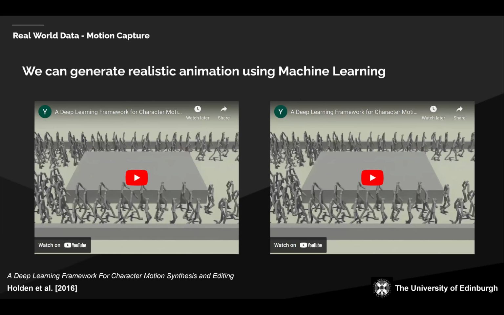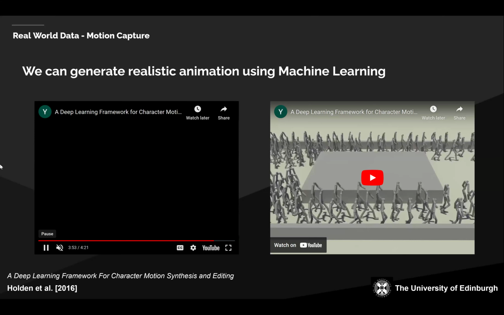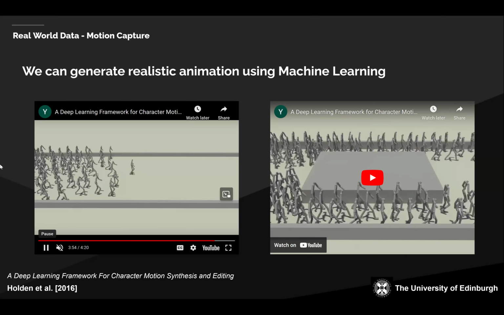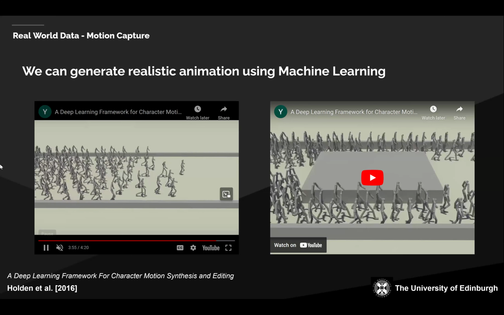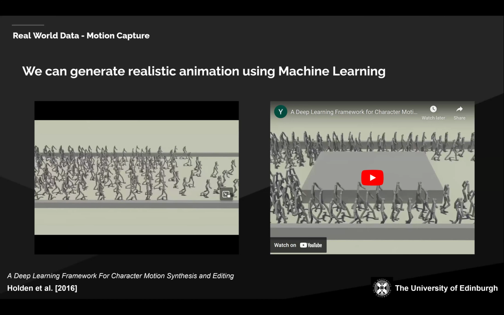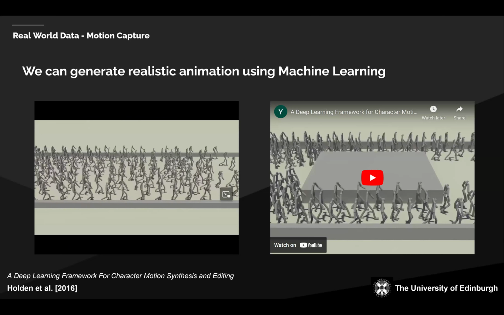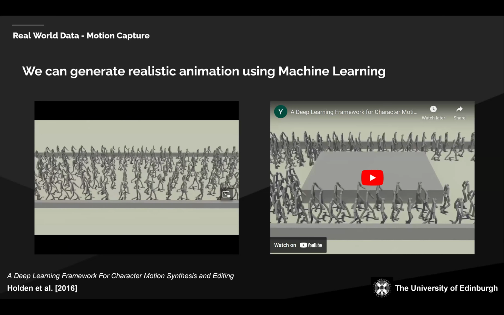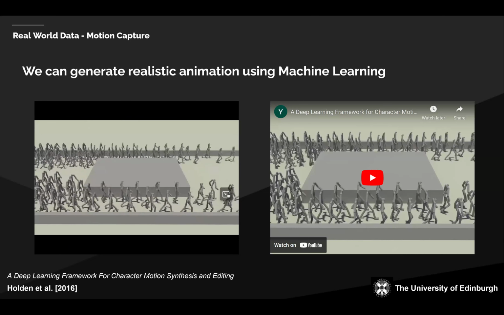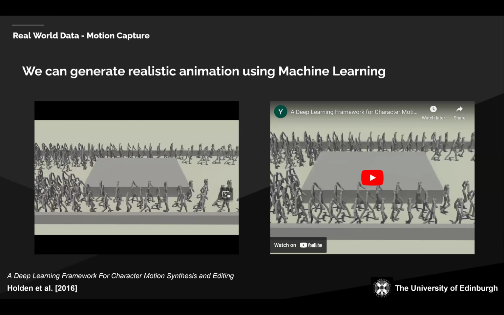This was some work I did in 2016 on trying to apply deep learning techniques to animation data. We can see that, yes, if we use machine learning, we can consume a whole bunch of motion capture data, build models of animation, and use them to generate animation which does what animators want.